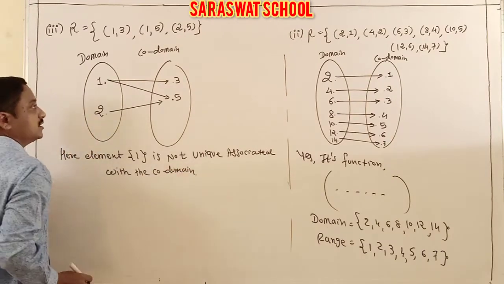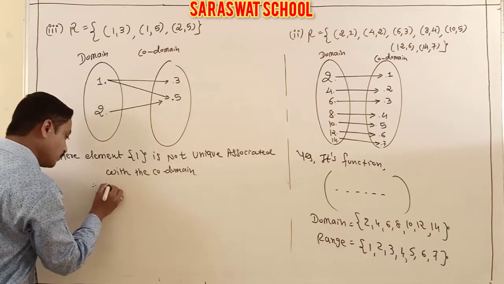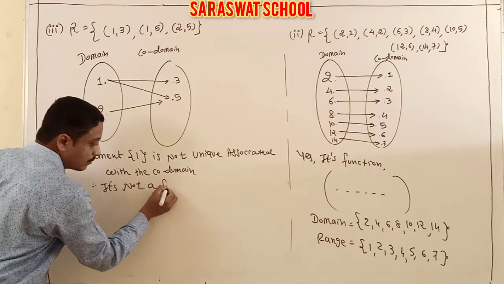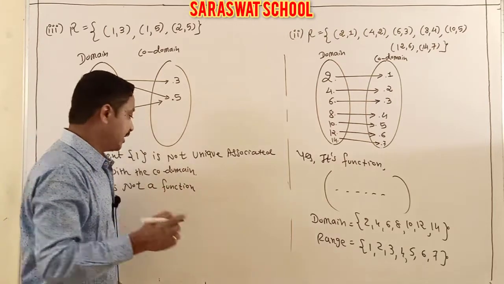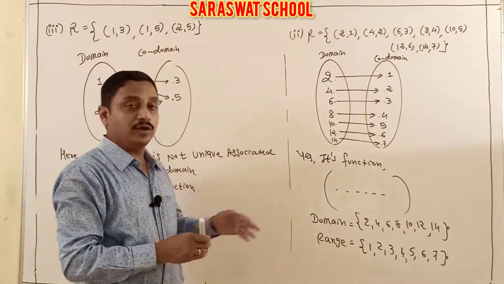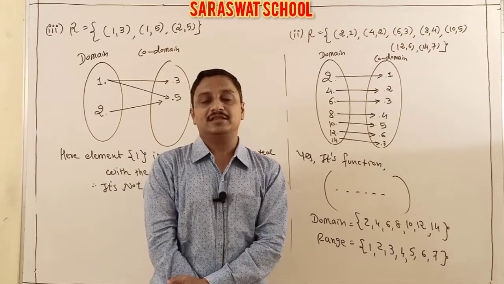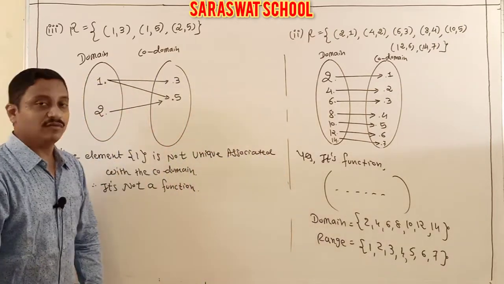That's why, students, this relation is not a function. So we cannot determine the domain and range here. Only if it is a function do we find the relation's domain and range. So we easily finish our first question.